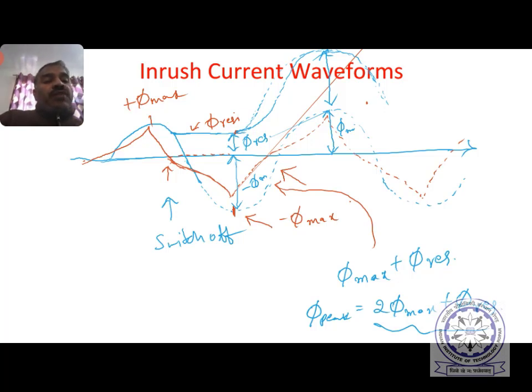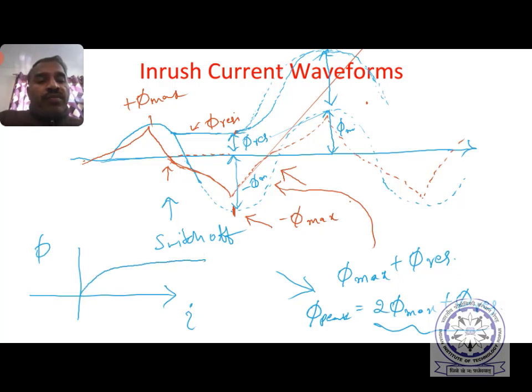Inrush current means after switching on, what is the current characteristics. Therefore, this amount of flux has to be met by a huge current actually. BH characteristics, right? This is I, this is phi. Now, if your phi value is too much, then you will end up somewhere here, so the corresponding I value is also huge.